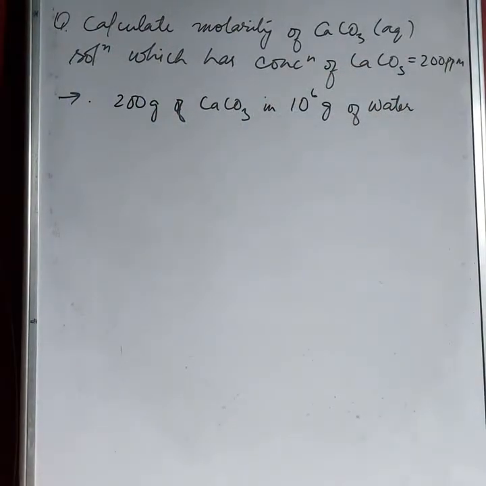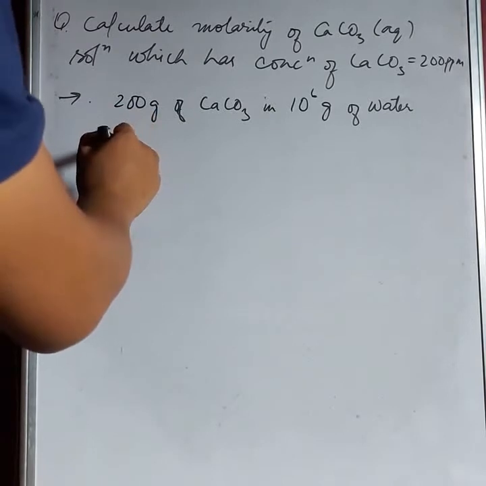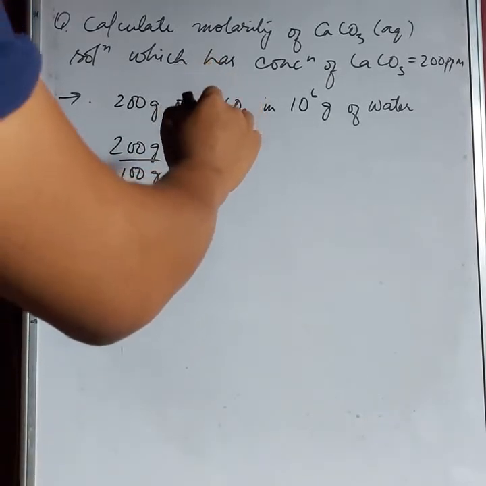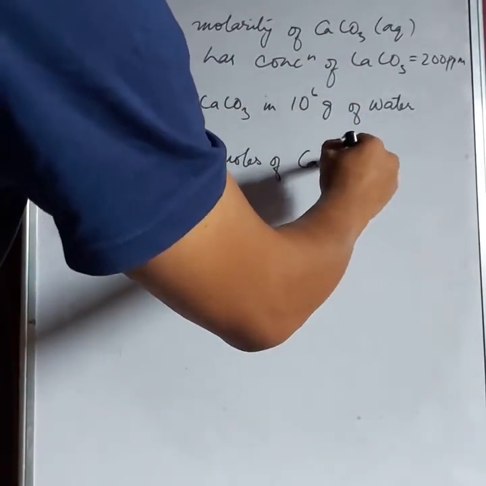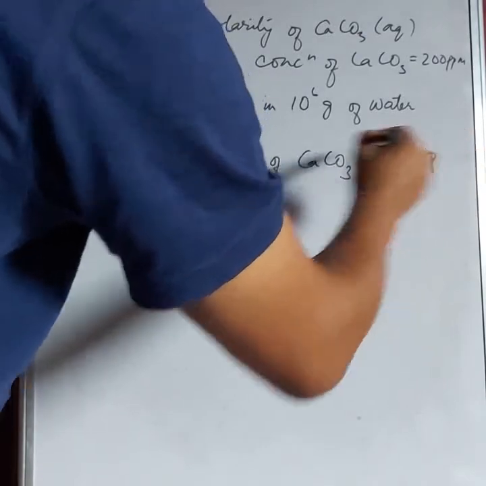Since the molar mass of calcium carbonate is approximately 100, to find the number of moles of calcium carbonate we just divide by the molar mass, 100 grams, which gives 2 moles of calcium carbonate in 1 liter of water.